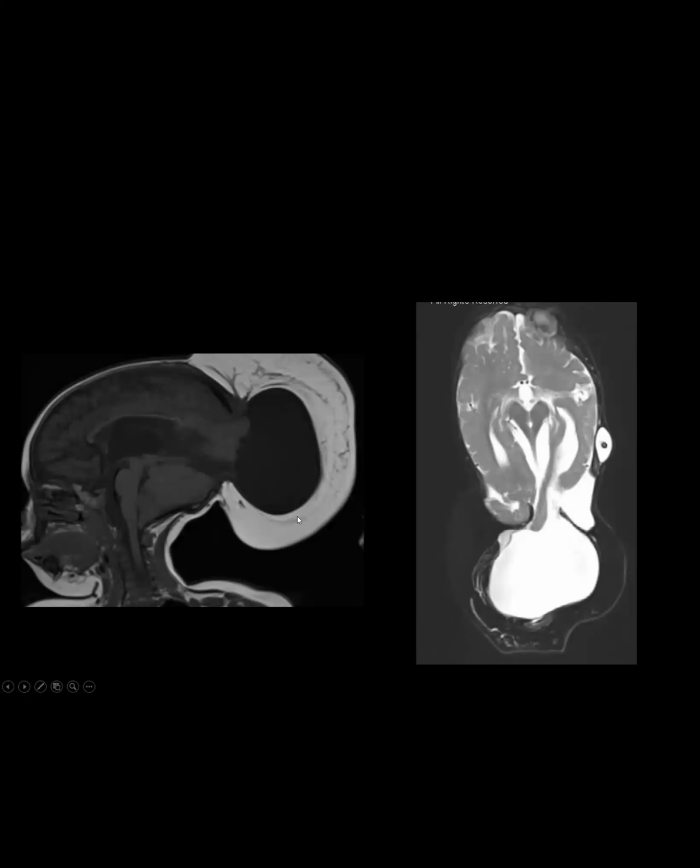Let's see. So just take this one too. Take a look at this case and tell me what you see. So here you can see the cystic dilatation, with the CSF coming out. But there's more to it as well.